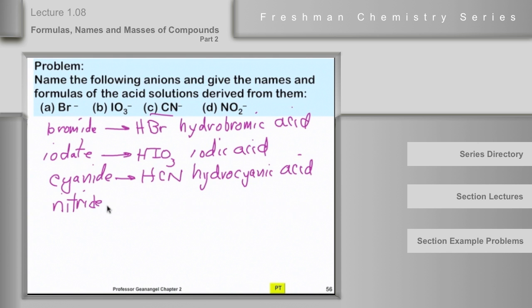So, nitrite has a single negative charge, and the formula of the acid then will be HNO2, and what will be the name of the acid? Nitrous acid. OUS for the ending. Questions on any of those?